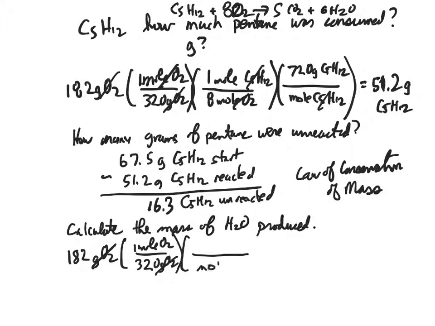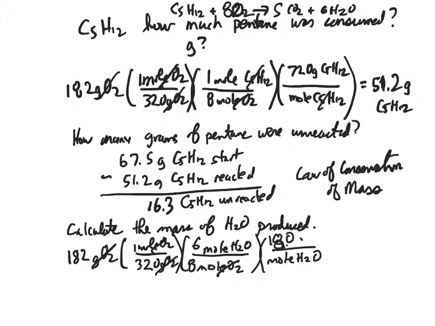Our stoichiometric ratio of moles oxygen to moles water, H2O, go back to the balanced chemical equation, it's 8 moles of oxygen produces 6 moles of water. Now moles oxygen cancels, and now we can convert moles water to the mass of water.